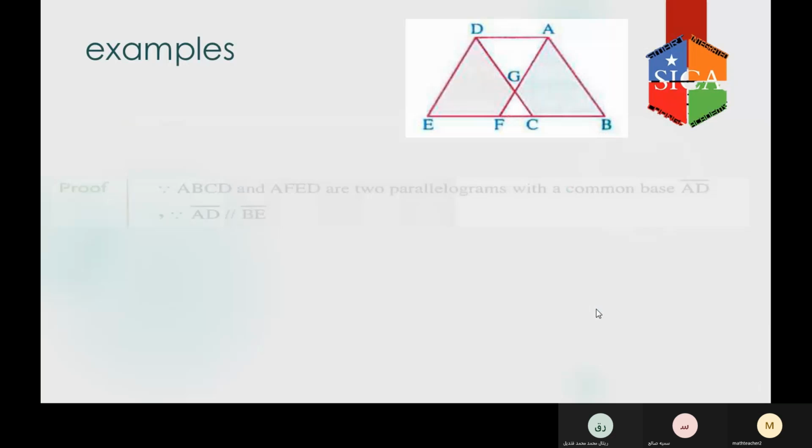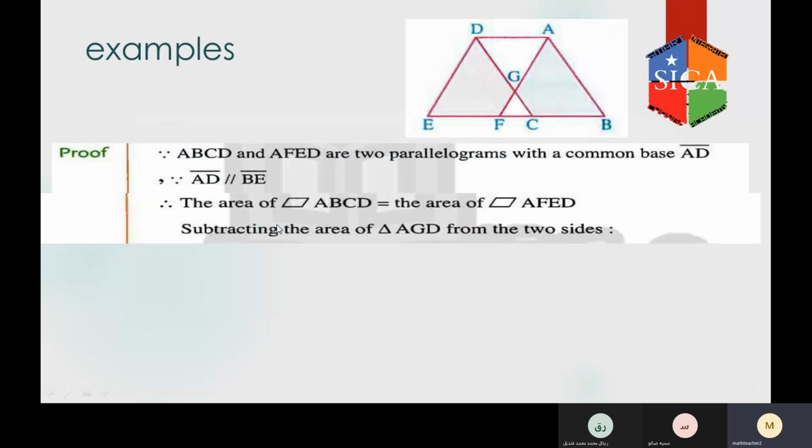This is our figure. The parallelogram ABCD and the parallelogram AFED, the two parallelograms, have a common base, which is AD, as we said before. And AD parallel to BC, what we deduce, we deduce that the area of parallelogram ABCD equals the area of parallelogram AFED.